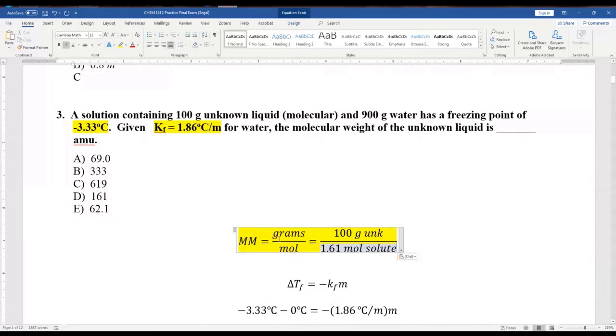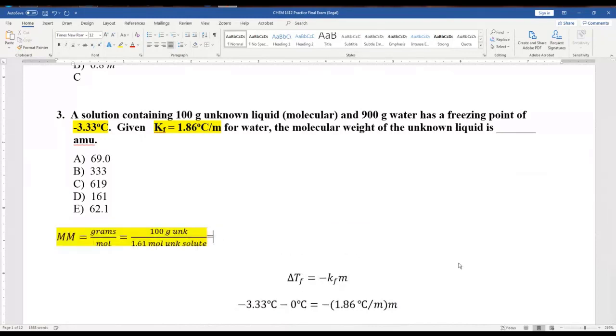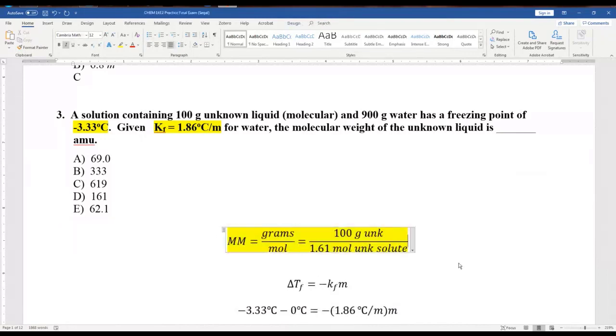Now I have the grams of the unknown and the moles of the unknown. This is my unknown solute. And then I can calculate that. And what do I get for my molar mass?